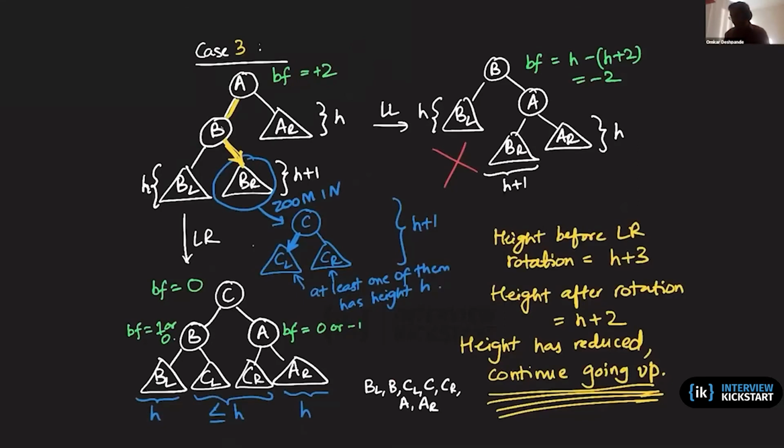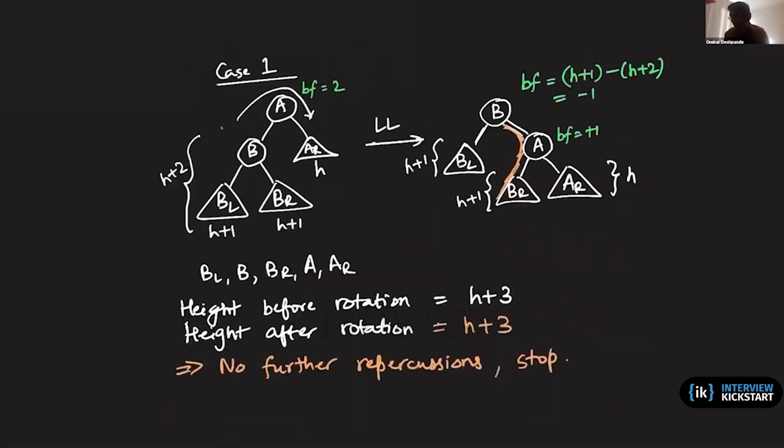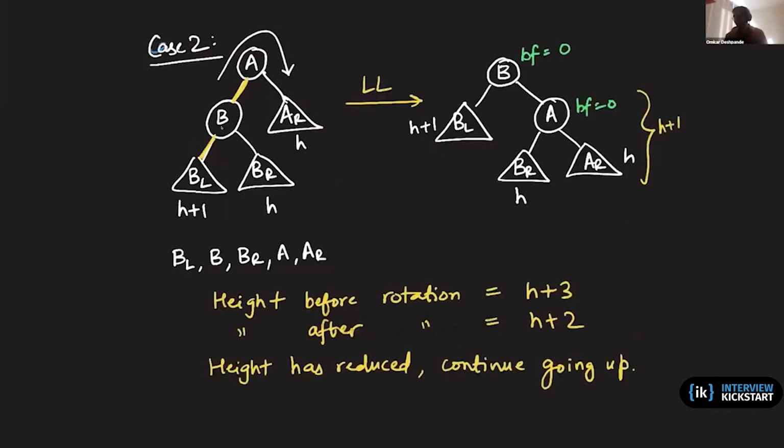Yeah, a little bit. Can you go back to the extreme right slide, the orange one? One more? Yeah, there. Height has reduced. Continue going up. When I say height, I mean the height of the subtree rooted at A has reduced after rotation, not the height of the whole tree.